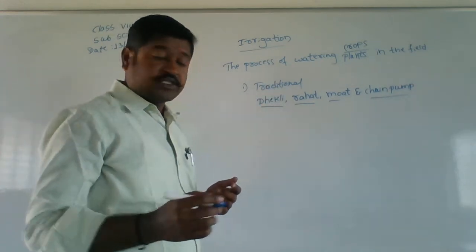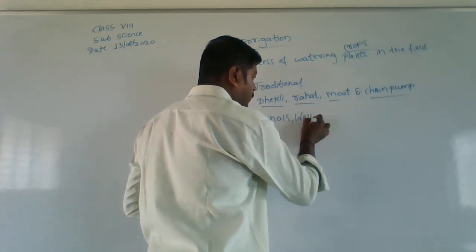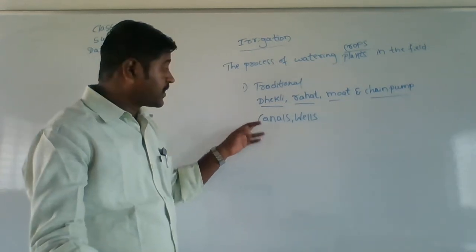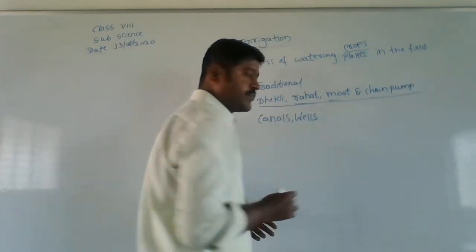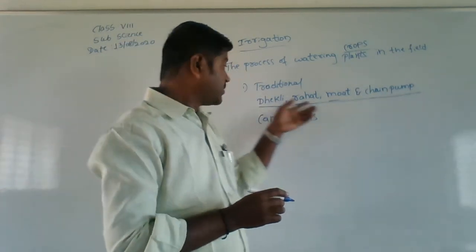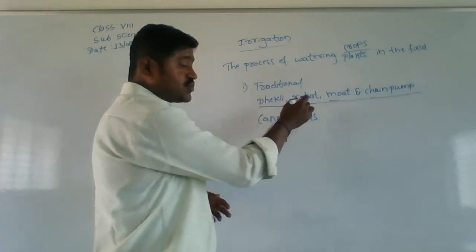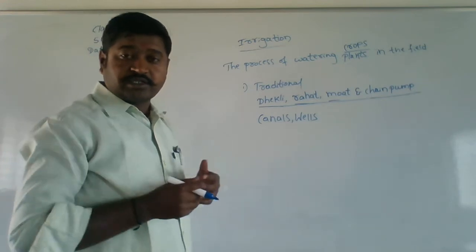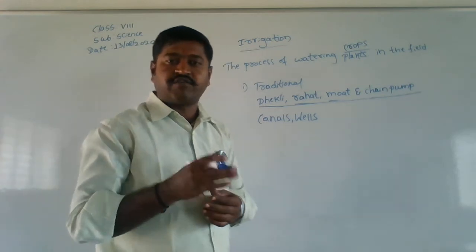The water which was available in canals and wells was used by these instruments. I think the pictures of these are given in the textbook. Please go through that. They were lifting water from canals and wells and supplying it to the crops in the field.